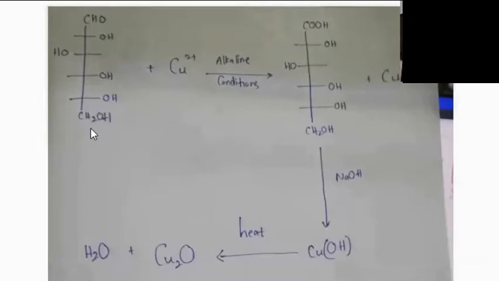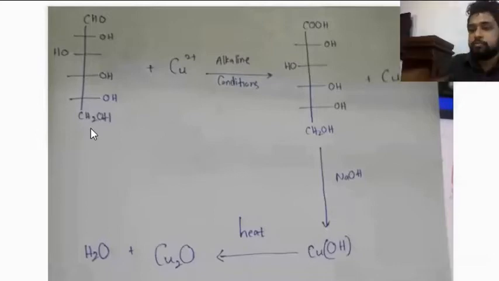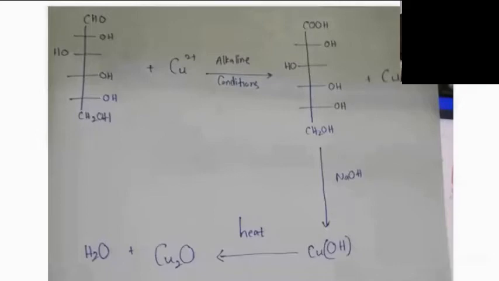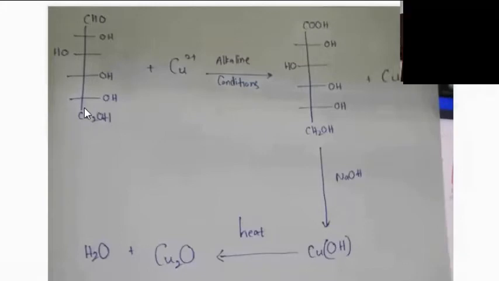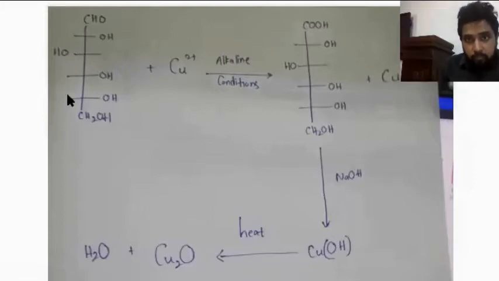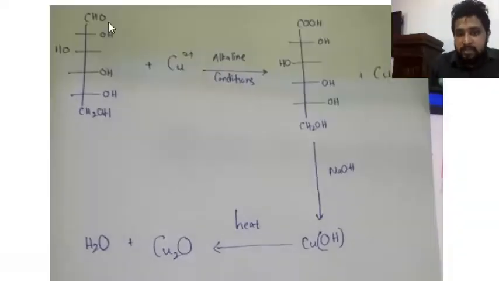What is that? Yes, glucose. This is glucose, and glucose will oxidize. Here you can see a free aldehyde group, CHO, and it has oxidized into COOH, that means a carboxylic group.